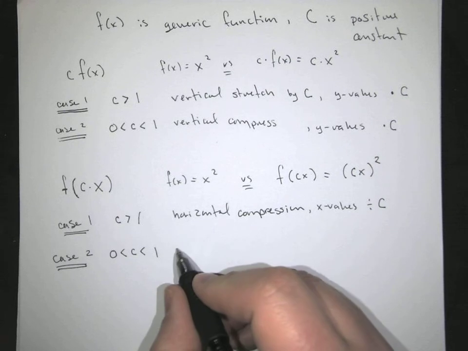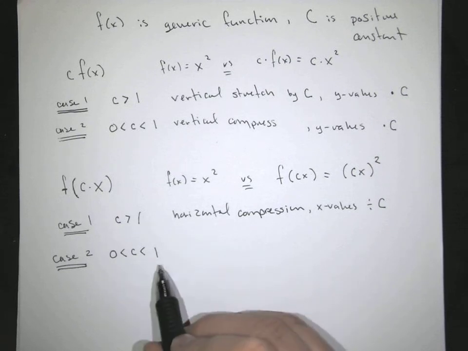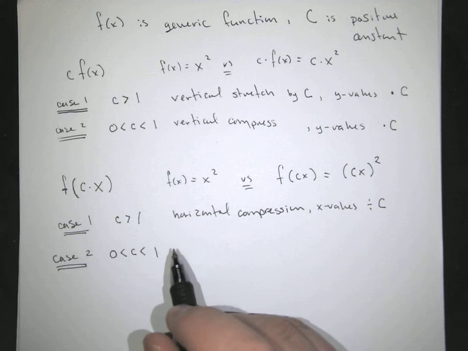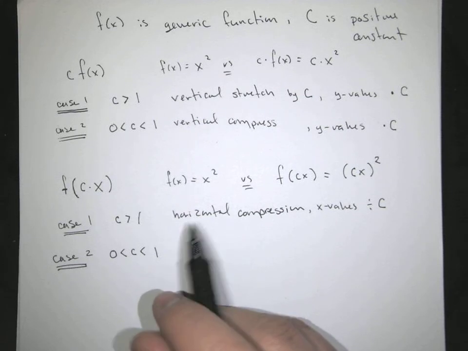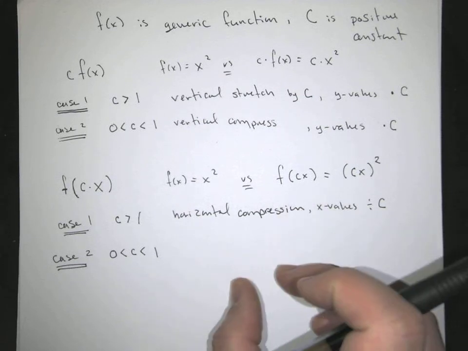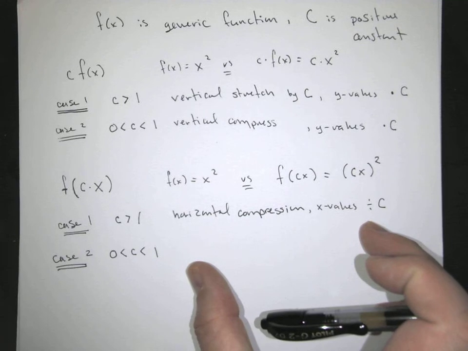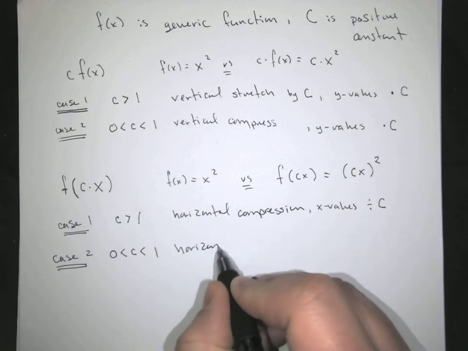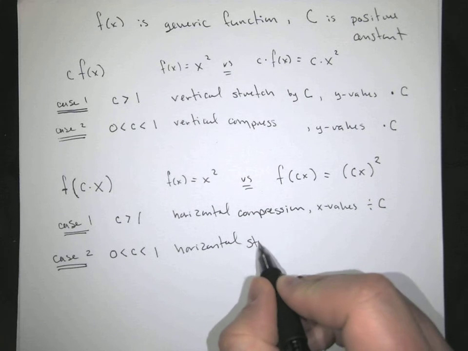Case 2: if our c value is between 0 and 1, some sort of fraction, 1/2 x, 2/3 x, something like that, that means we're going through the x values slower. If I do 1/2 times x, I'm moving through them half as fast. So everything expands outward and goes more slowly, and this is a horizontal stretch.